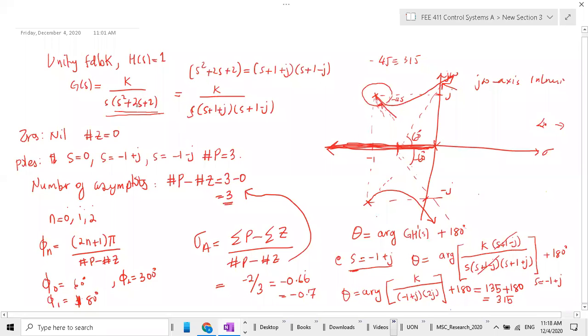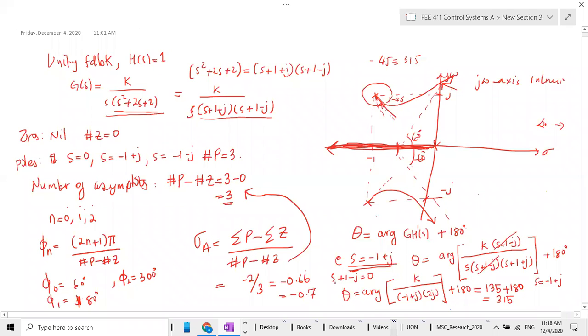We factor the quadratic, and we got this. Then, to get the angle of departure, we calculate the argument of the open loop transfer function plus 180 at the point where we want the angle of departure, but without its own contribution. So we are calculating at this point.